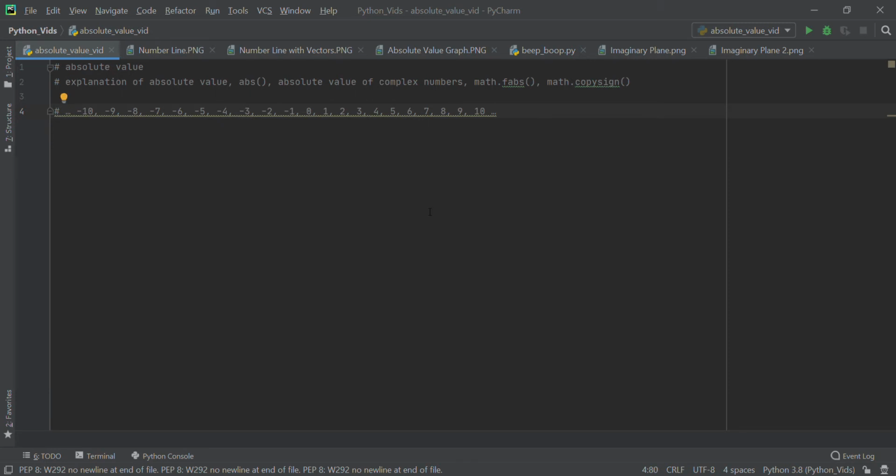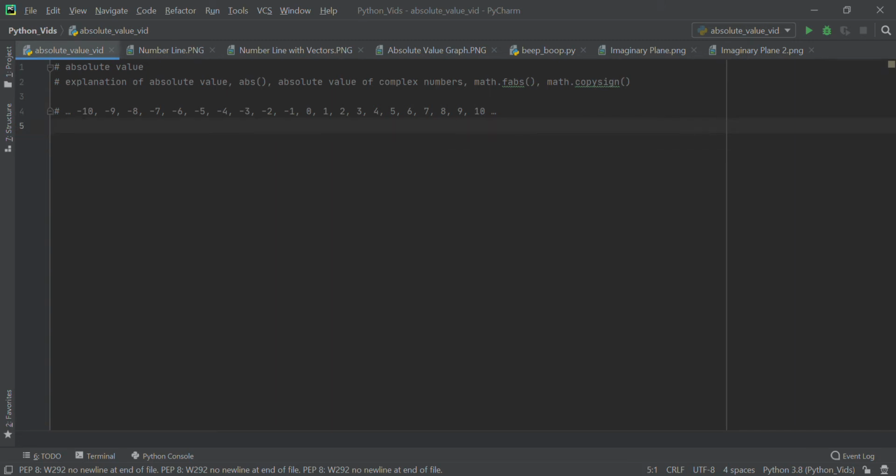Now, I just used the word magnitude, and you'll sometimes hear the absolute value referred to as a magnitude, and this makes some sense because in math there's this concept called vectors, spelled out like that. And you can think of that as just an arrow with two properties.